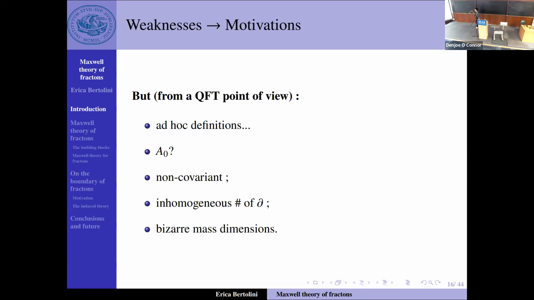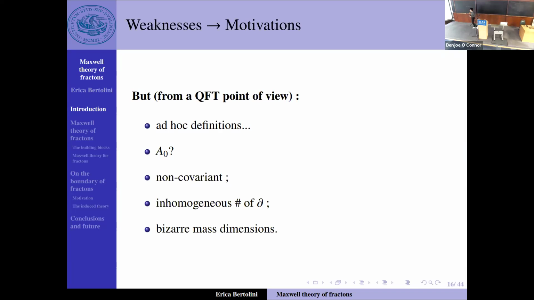The theory is fully non-covariant, there is an inhomogeneous number of derivatives in the theory, and there is an issue concerning mass dimension in the symmetry, meaning that the gauge field has mass dimension 1, we have 2 derivatives in the symmetry, so it means that the gauge parameter has negative mass dimension, so this is a bit of an issue.